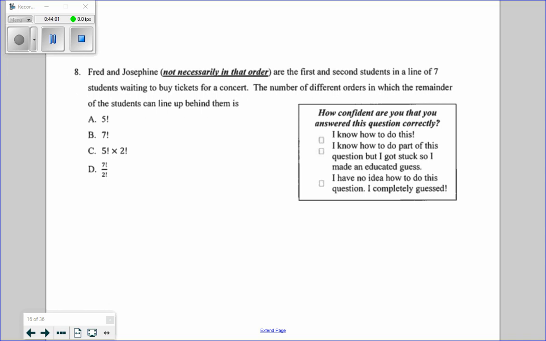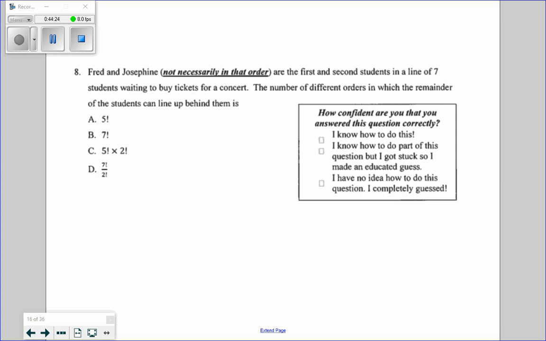Okay, a couple more and then we're done. Fred and Josephine, not necessarily in that order, are the first and second students in a line of 7 waiting to buy tickets for a concert. The number of different orders in which the remainder of the students can line up behind them.